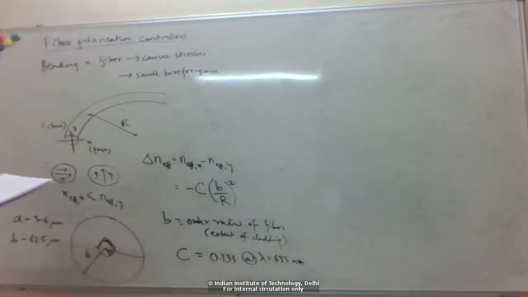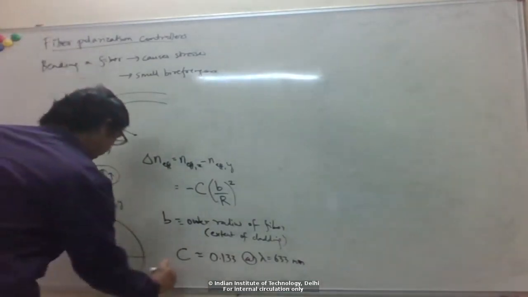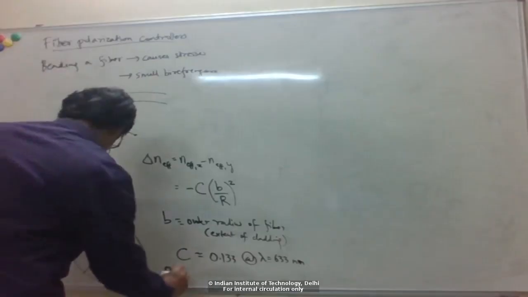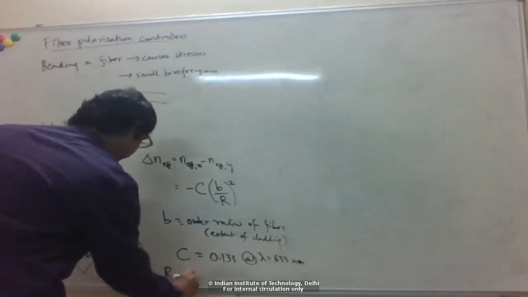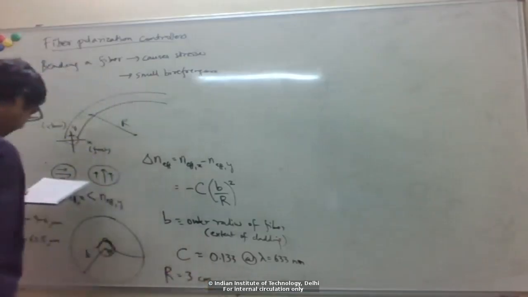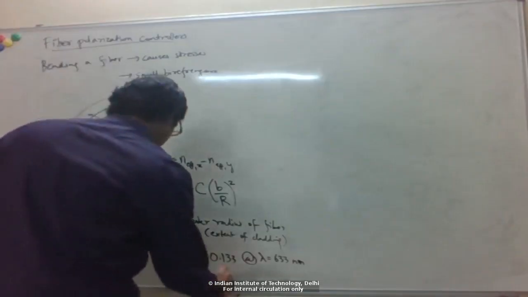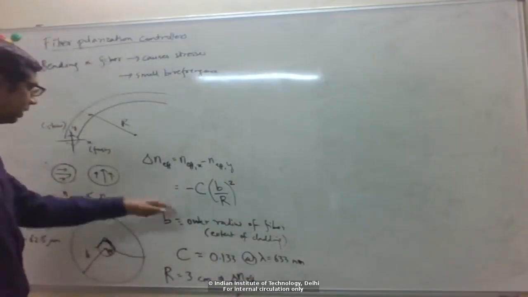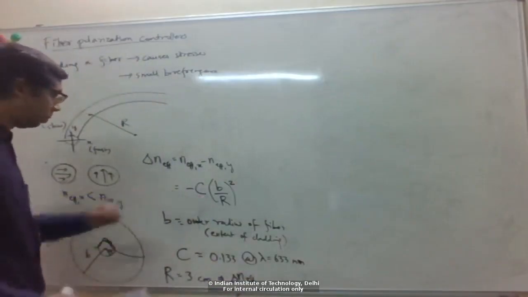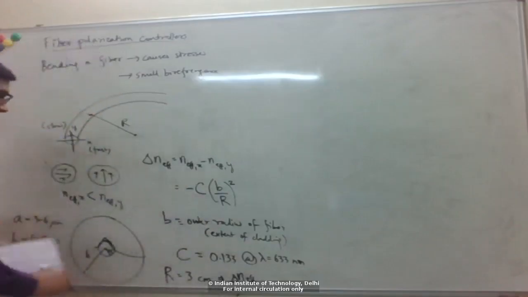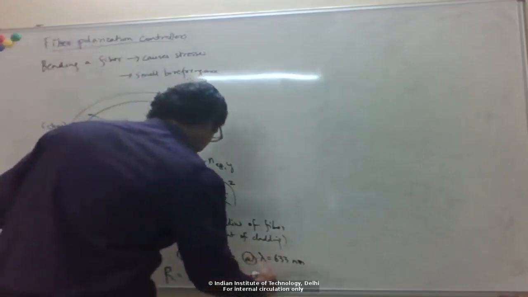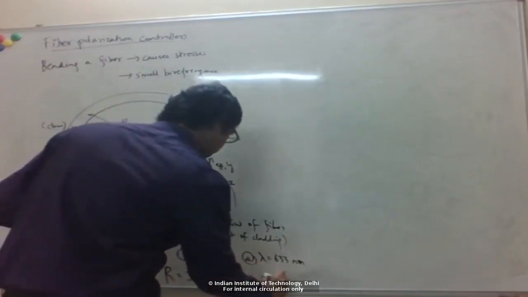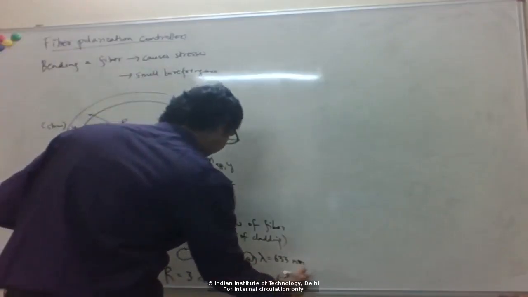For example, if you have a bend radius of about 3 centimeter, and you put the numbers into this formula, this delta n is about 10 to the minus 6 to 10 to the minus 7.